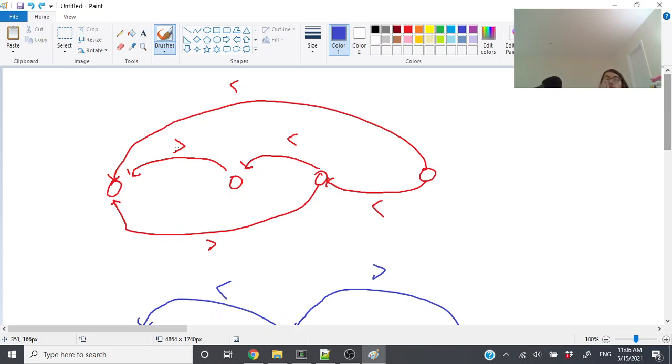So topological orderings, but on a weird graph. Wait, is it a tree? Oh yeah, it's a tree. Oh, it's a tree. Okay. Right. Yeah. Okay.